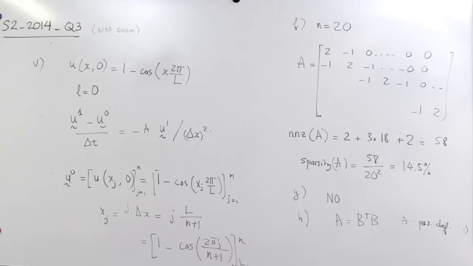So one question says that shouldn't the matrix elements be minus 2 and 1? Well, because there's a minus in front of the matrix A, we need to negate the sign of the matrix.